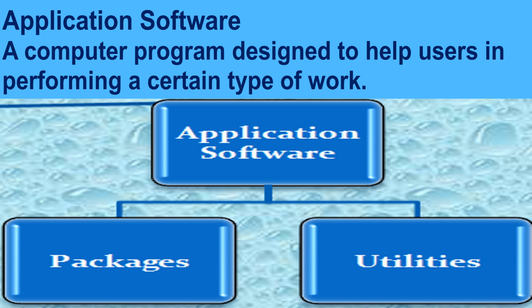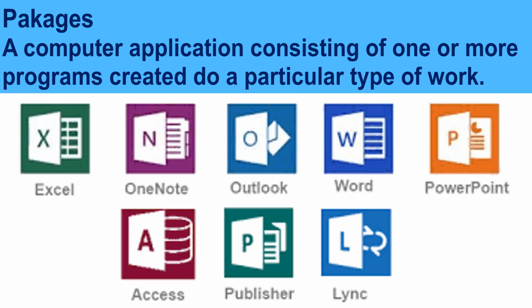We shall now discuss application software. An application software is a computer program designed to help users in performing a certain type of work. It can be classified into two categories. They are packages and utilities. Let's discuss packages. A package is a computer application consisting of one or more programs created to do a particular type of work.